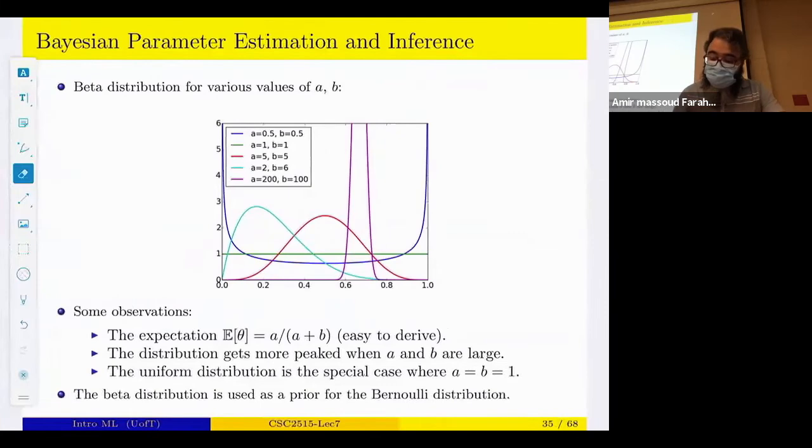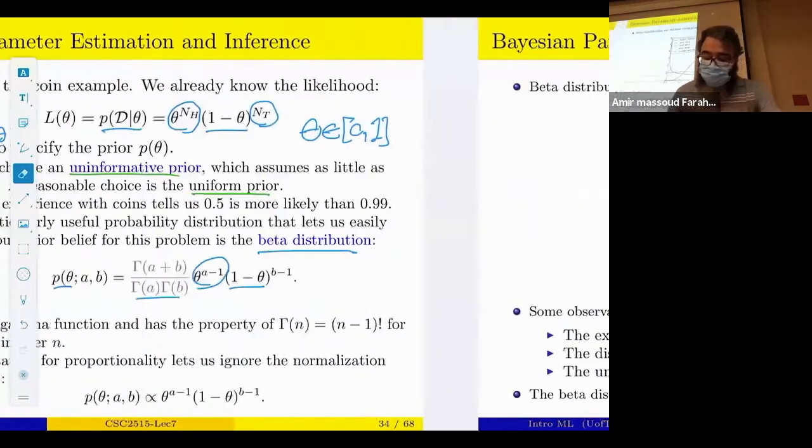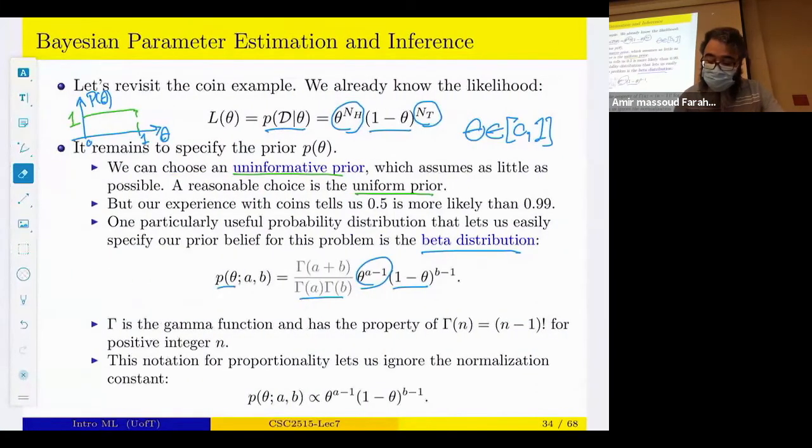Maybe it's good to take a look at it. A and B here are the parameters of this distribution. By specifying A and B, we can say what this distribution should look like. This gamma is the gamma function, and it doesn't matter for our purposes.